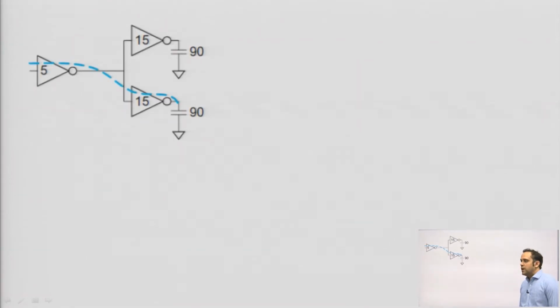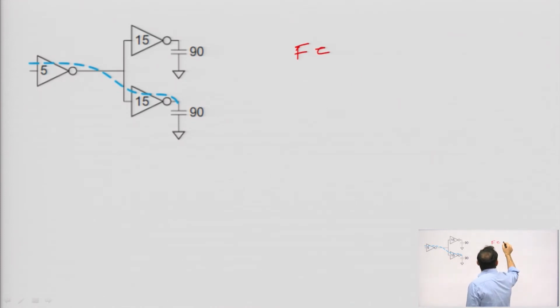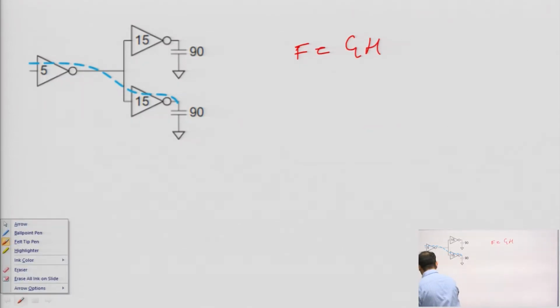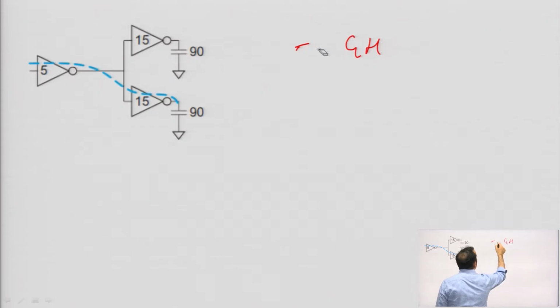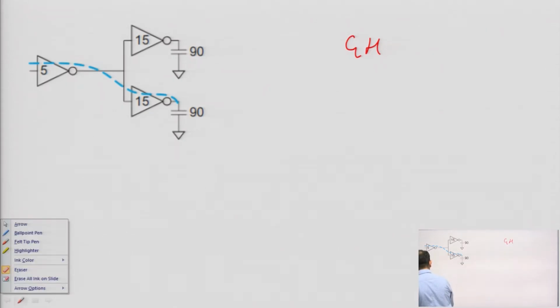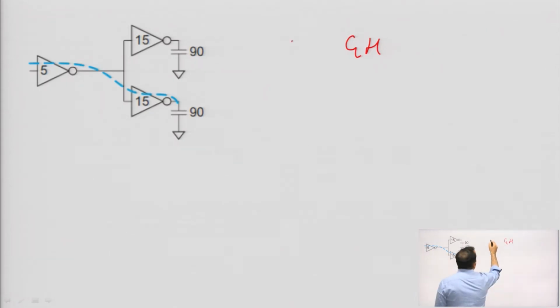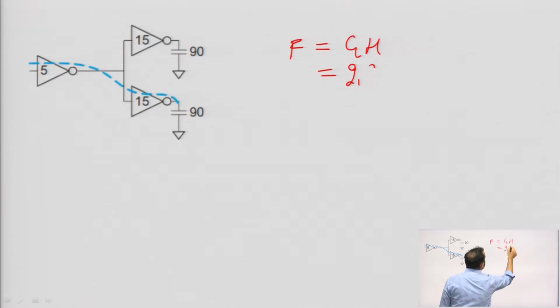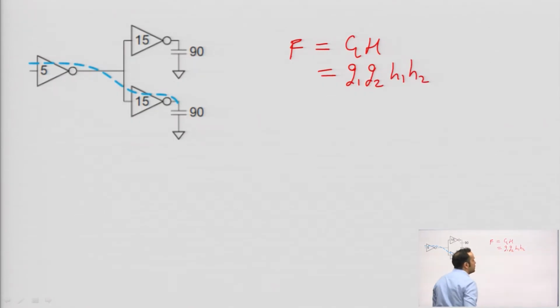Okay. But if I try to analyze this circuit in more detail, instead of writing the stage effort as G dot H, if I write it as G1 G2 into H1 H2. Okay.